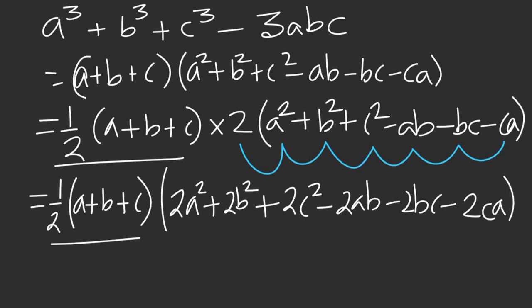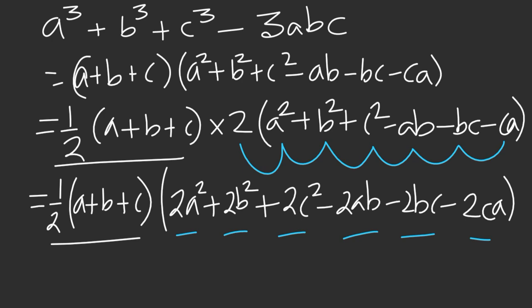So here we have 2a square, 2b square, 2c square, and this twice ab, twice bc, twice ca. You know that twice ab comes in the part of a minus b whole square formula. So twice bc would come in the part of b minus c whole square formula. Similarly for c, twice ca would come in the part of c minus a whole square formula.